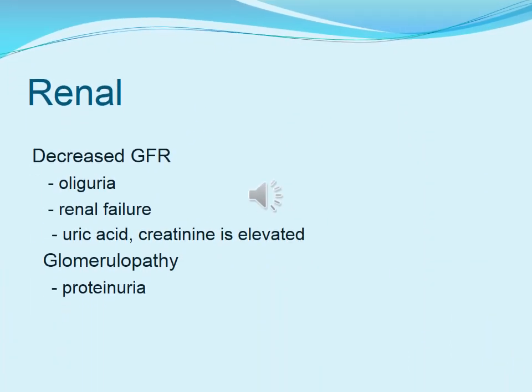While the effect on the kidney: there is a decrease in the glomerular filtration rate, which leads to severe oliguria or renal failure, elevated uric acid, elevated creatinine, glomerulopathy, and proteinuria.